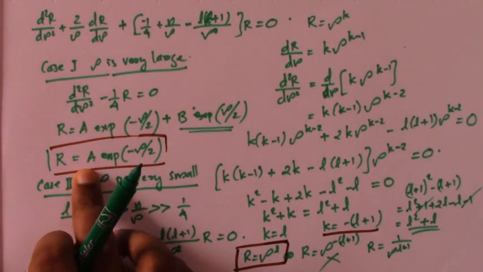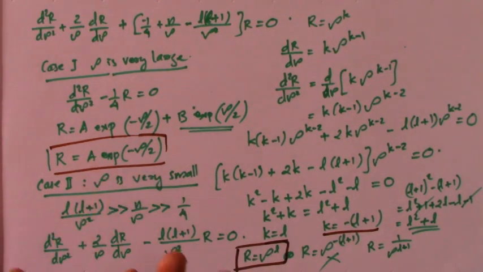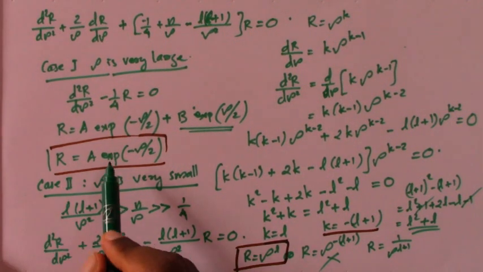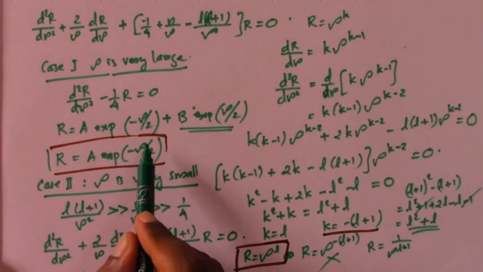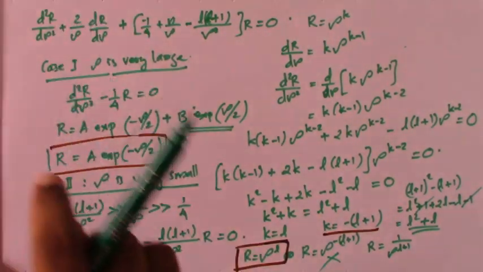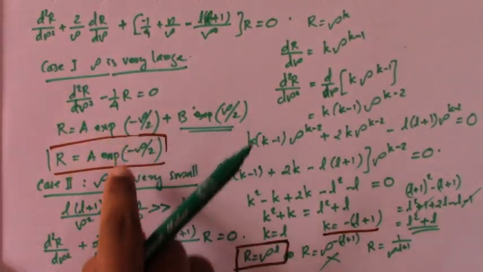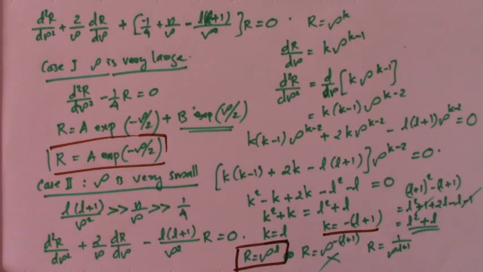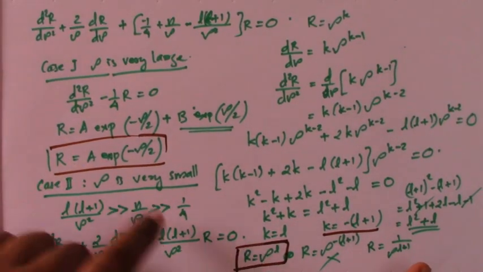Therefore, we should not worry about this coefficient. This coefficient will merge into the normalization factor when we are determining its value. So the real solution of R from this equation will have a component that is exponential minus rho by 2, and the next component of the real solution of R is rho raised to L. So the solution of this equation will have these two components.